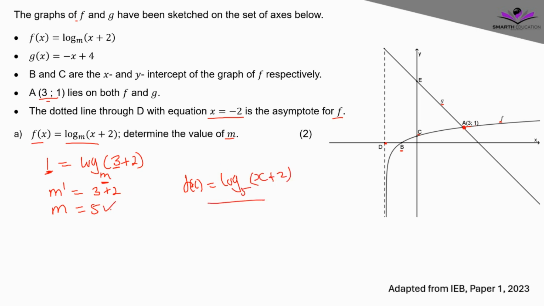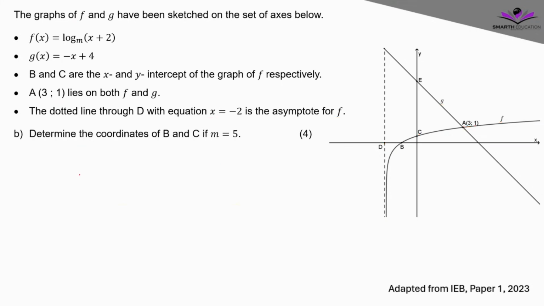Okay, right. Then let's do B. Determine the coordinates of B and C if m is equal to 5. We just found that m is equal to 5, so meaning that f(x) is equal to log(x + 2) to base 5, right?